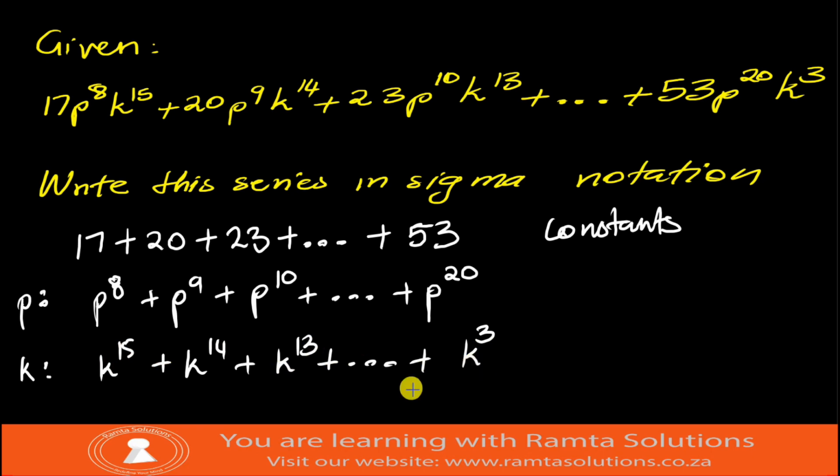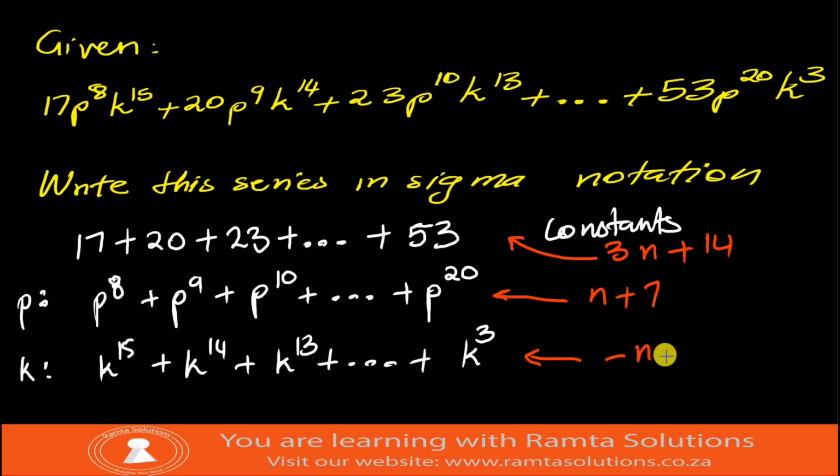Do you see that? You can guess what the general term is, but I don't want us to guess. Let's just work it out. So maybe let me just write it. Here we might find 3n plus 14, while here we will find n plus 7, and this will be minus n plus 16.